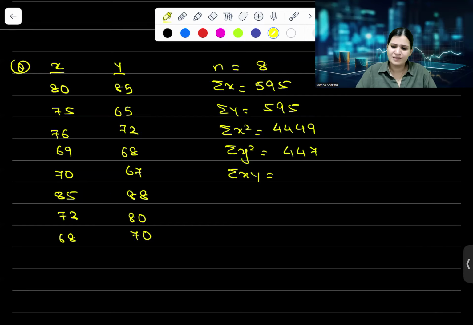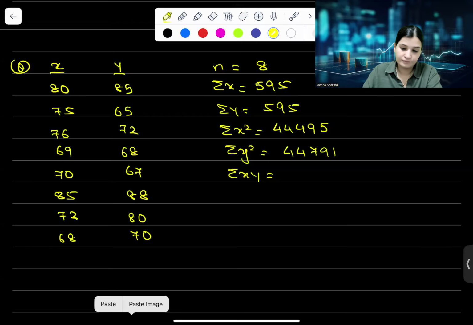Summation x square is correct, 44495, ma'am. What is summation xy? 44529.